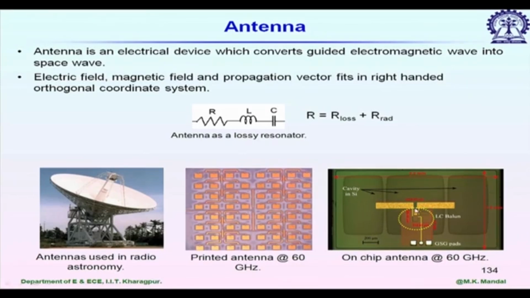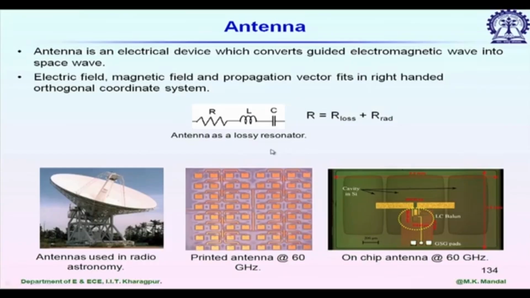A resonating antenna can be represented by a series resonator or by a shunt resonator. In that resonator we have one L component, one C component, and in addition to that one resistive component. This resistance represents the loss inside the antenna structure and the radiation.